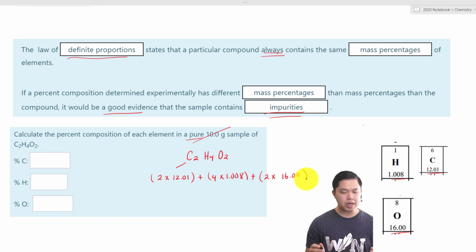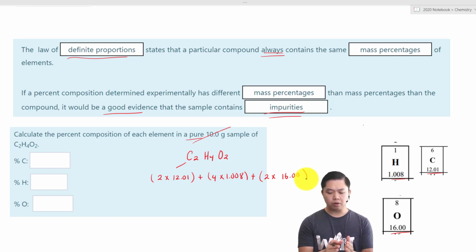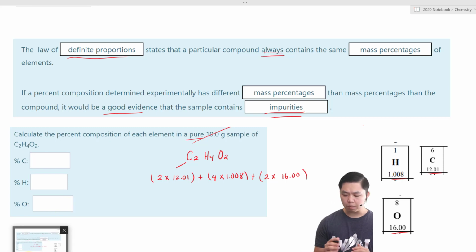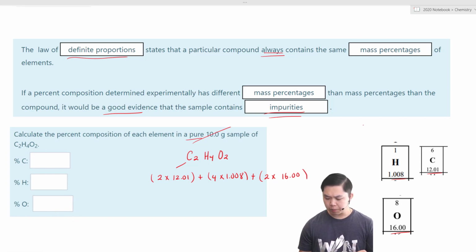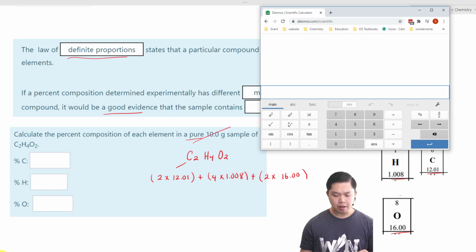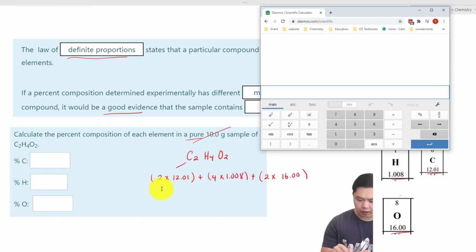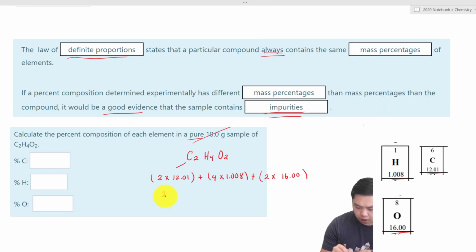Now we can use a decimal calculator and solve for the total mass. But before I add the whole thing, I'm going to multiply. So let's bring out a decimal calculator and plug it in. In this case, 2 times 12.01 is 24.02.